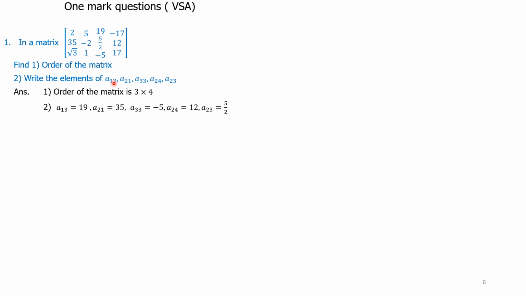Part 2, A13. A13 is first row, third column. This is the first row, and third, so the number is 19. Therefore, A13 is 19. A21 is 35.